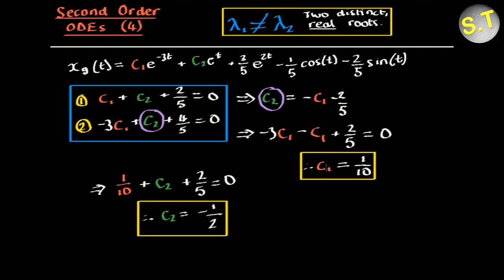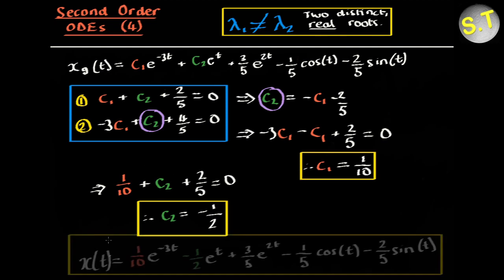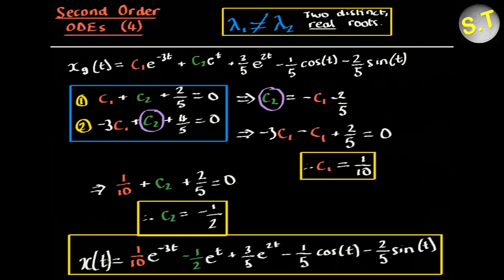So now that we finally have our c1 and our c2 values, we can go ahead and write down our final solution. So after 3 videos, we have our final solution.